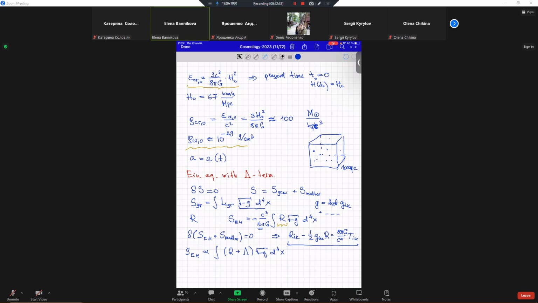But in any case, finally, Einstein decided to put this constant in the equation, even after the formulation of general relativity. Why?